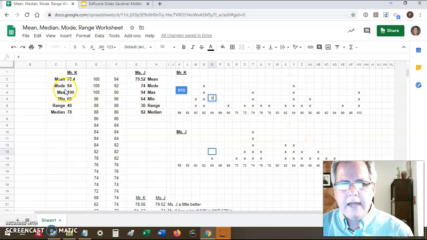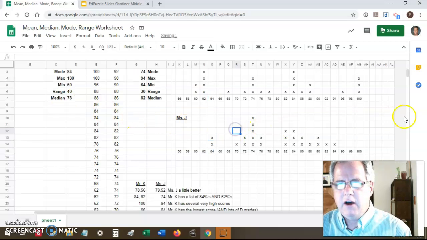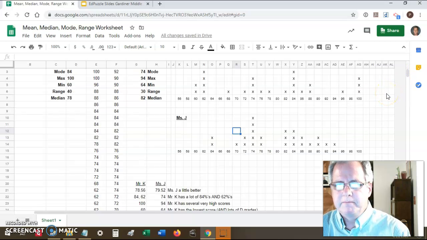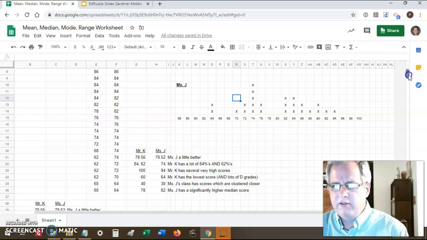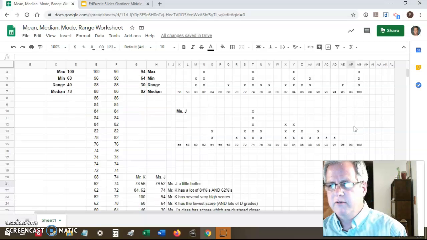The range and the mode are things that you can actually see on this histogram. If I look at the scores, I can see some differences in how they are distributed because I've made these graphs.